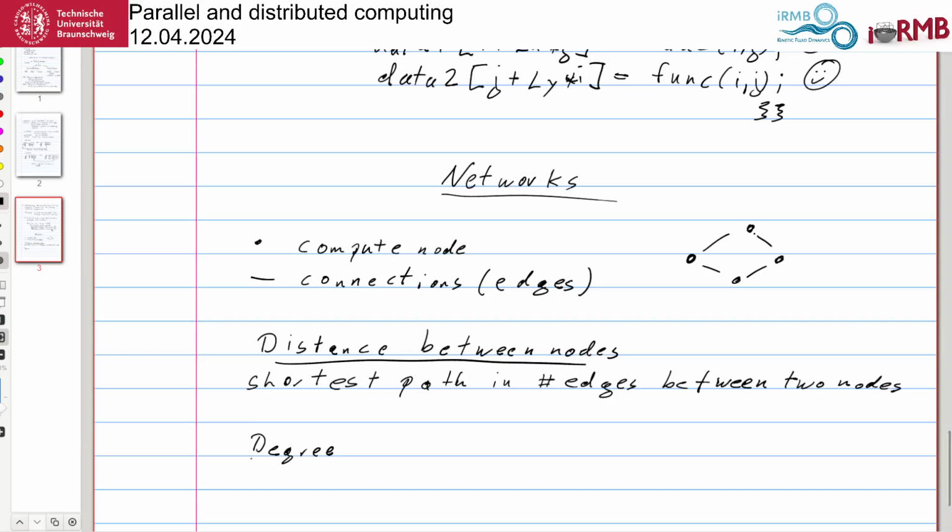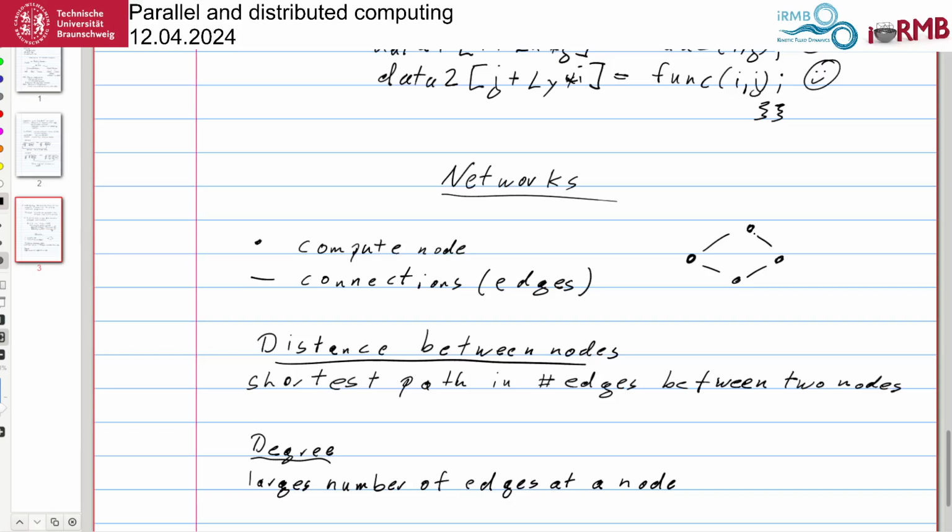The degree of a network is the largest number of edges at a node. It is not necessarily so that each node would have the same number of edges starting at this point. So we take the largest number.